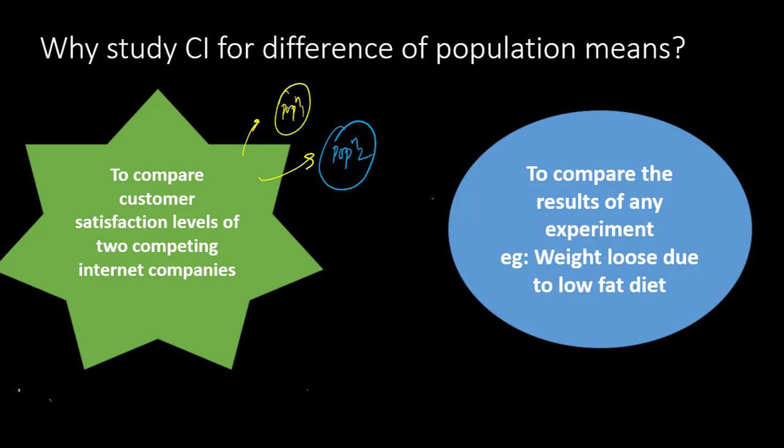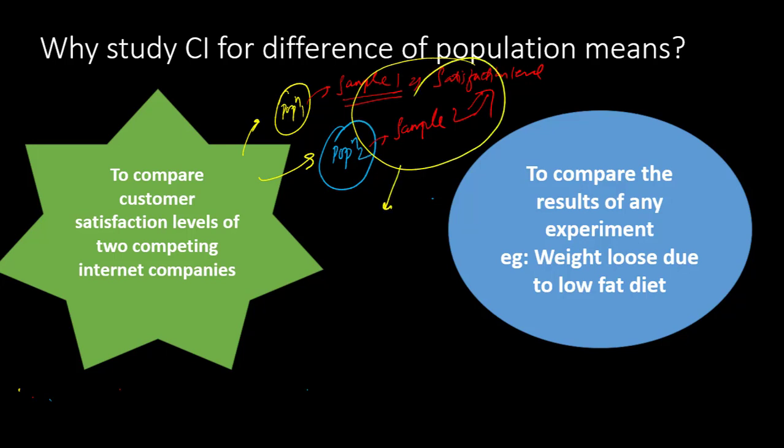So we collect a sample from population 1, which I should probably name sample 1, and we also collect a sample from population 2. Then we survey the satisfaction level, and on the basis of it we estimate the range of the difference in satisfaction level between these two companies. So this could be one application of confidence interval.